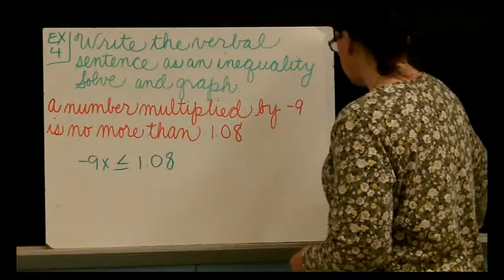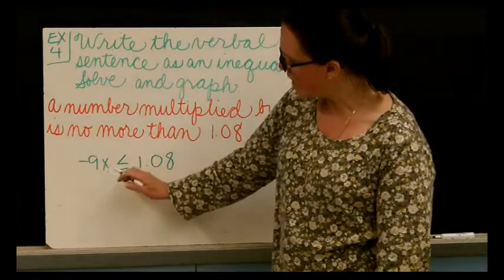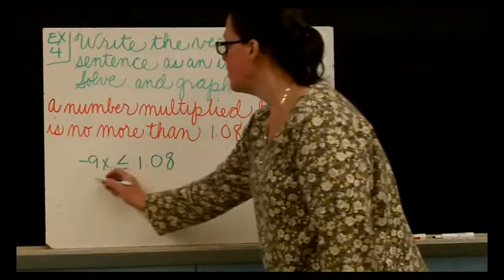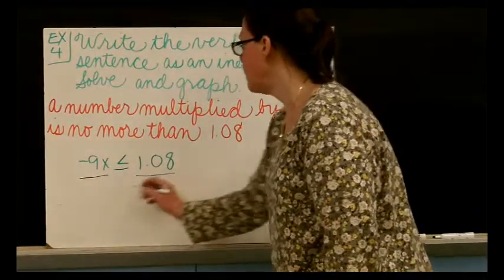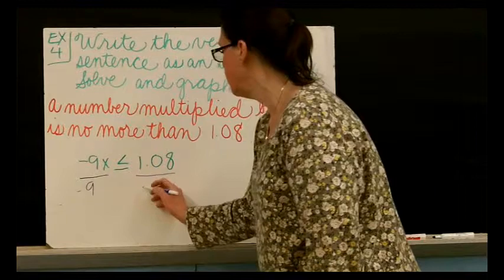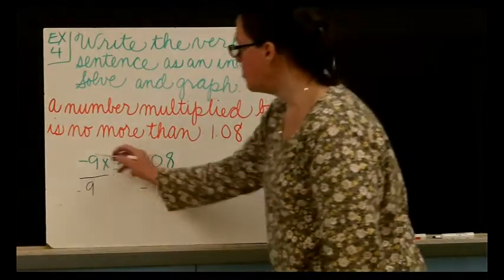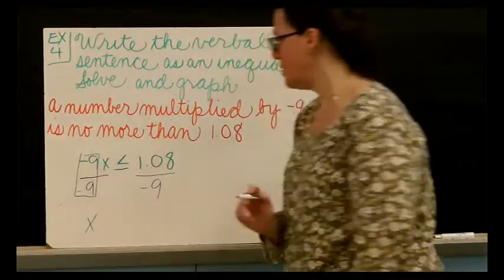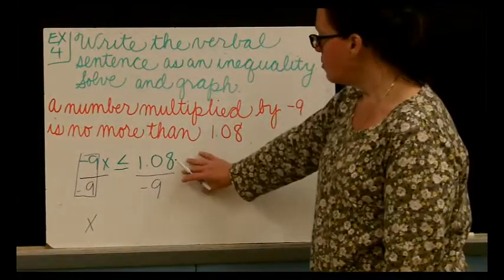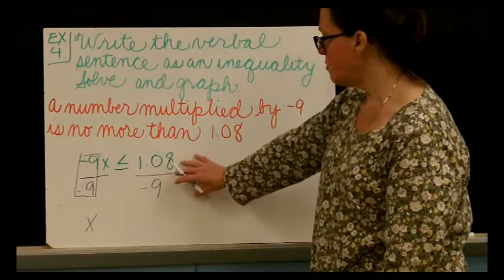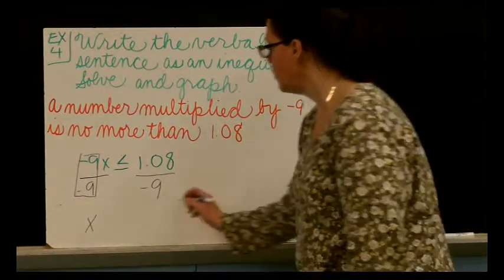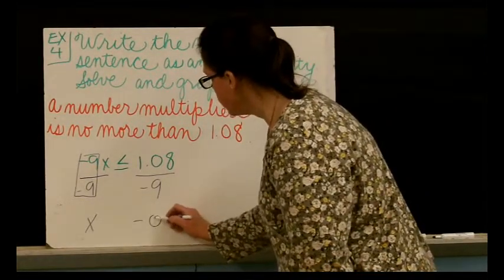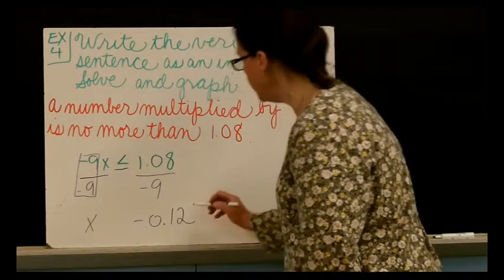So now we have negative 9x is less than or equal to 1.08. Right now, that x is being multiplied by negative 9. The way to undo that is to divide both sides by negative 9. When you do, you get a coefficient of 1, and you have the x by itself. When you do your long division here, 1.08 divided by negative 9 gives you an answer of negative 0.12.